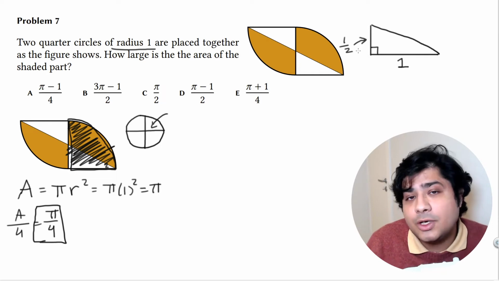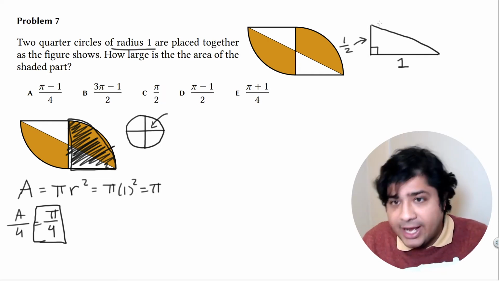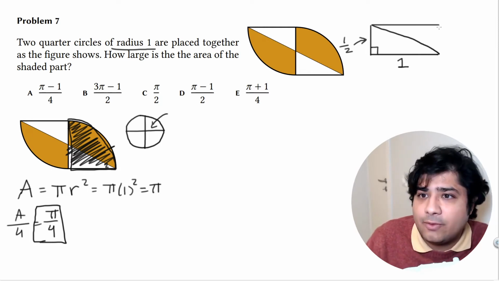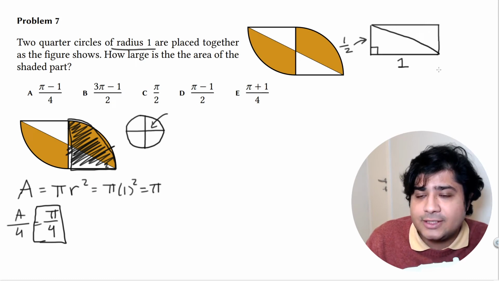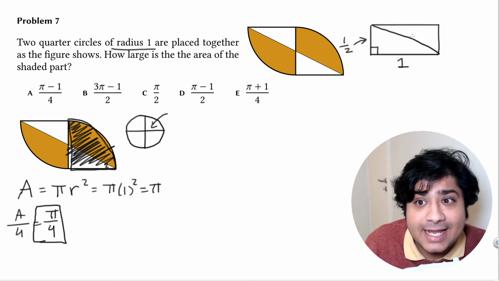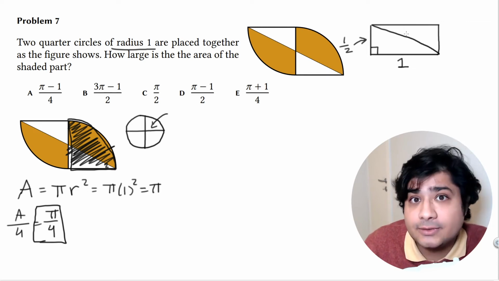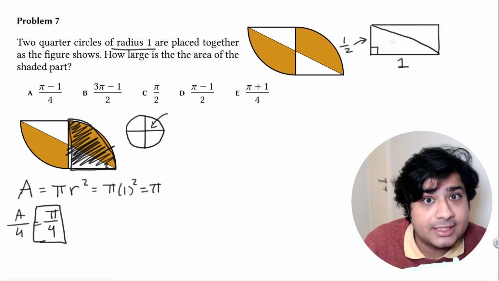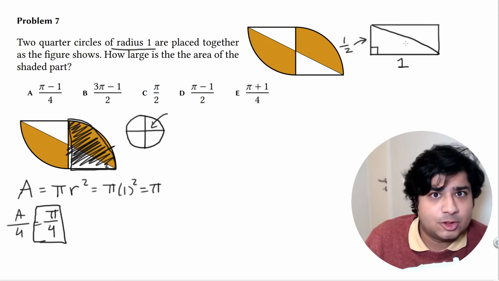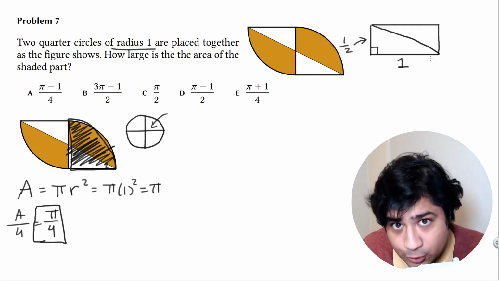How do you figure out the area of a right angle triangle? If you don't remember the formula, you can very easily figure it out by making a little rectangle around that triangle. You'll see that this triangle is exactly half the area of this rectangle. The area of a rectangle is just the two sides multiplied together, so in this case half times 1. But the triangle is just half of that, so you divide that number by 2.